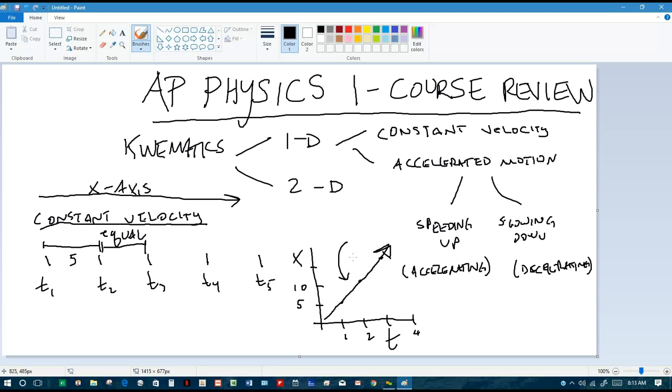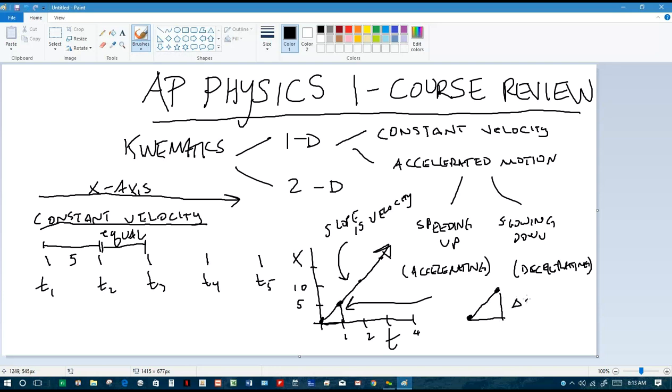What does the slope of this represent? The slope of a position versus time graph represents velocity. So if you took any 2 points, let's say the 0, 0 and the 1, 5 point, and we looked at this triangle like you would in a math class.